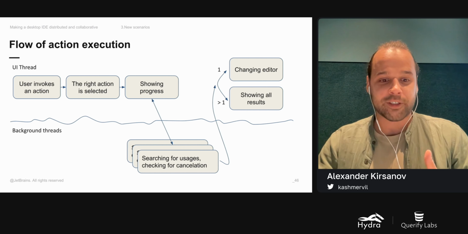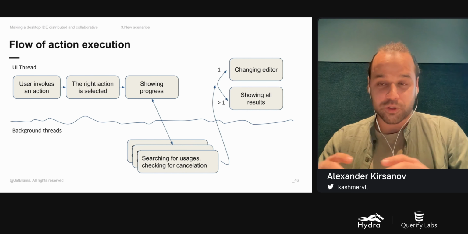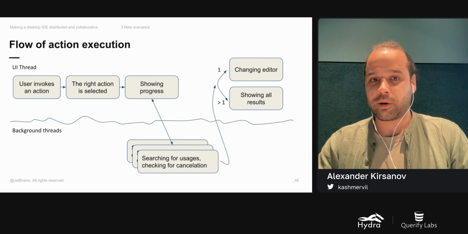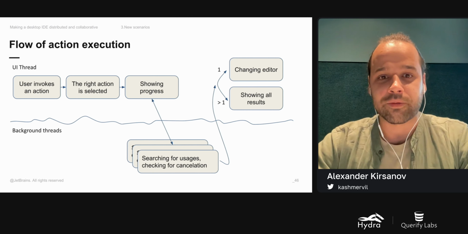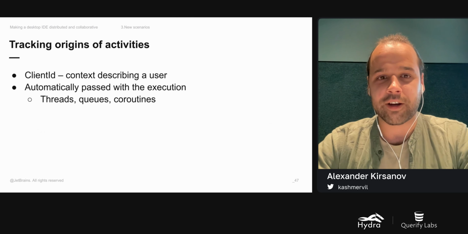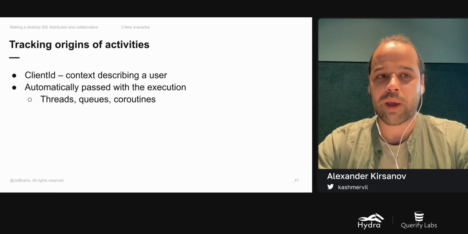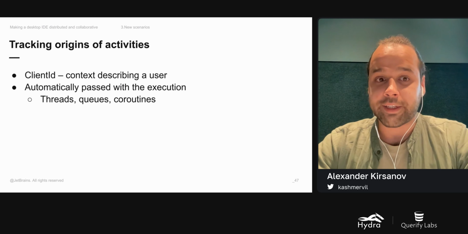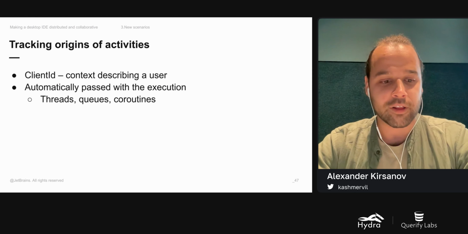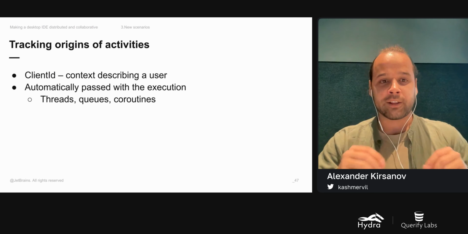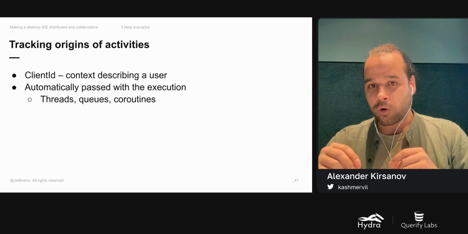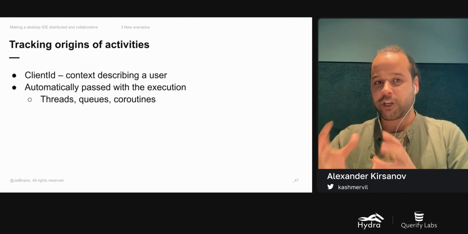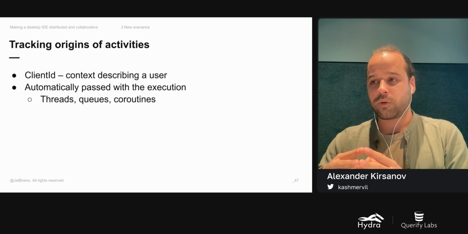Or the same as you don't want somebody else to see some dialog or panel in front of you when the people didn't expect it. So it's very important to track the origin of the activities, and we approach that with the client ID, which is basically a thread local variable, which is automatically passed through all the different changes of the execution.